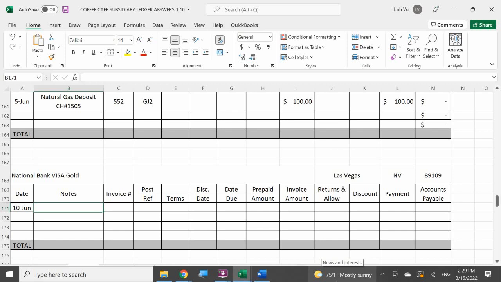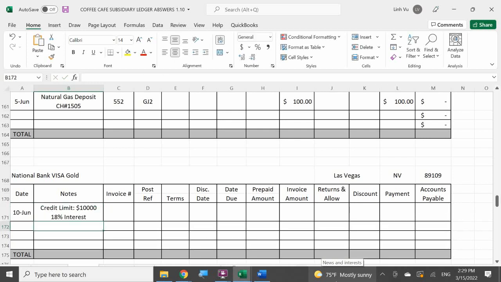We got a credit limit of $10,000. We're going to get charged 18% interest on overstated balances. And that's good enough. That's all you need to know because we haven't received our bill yet.